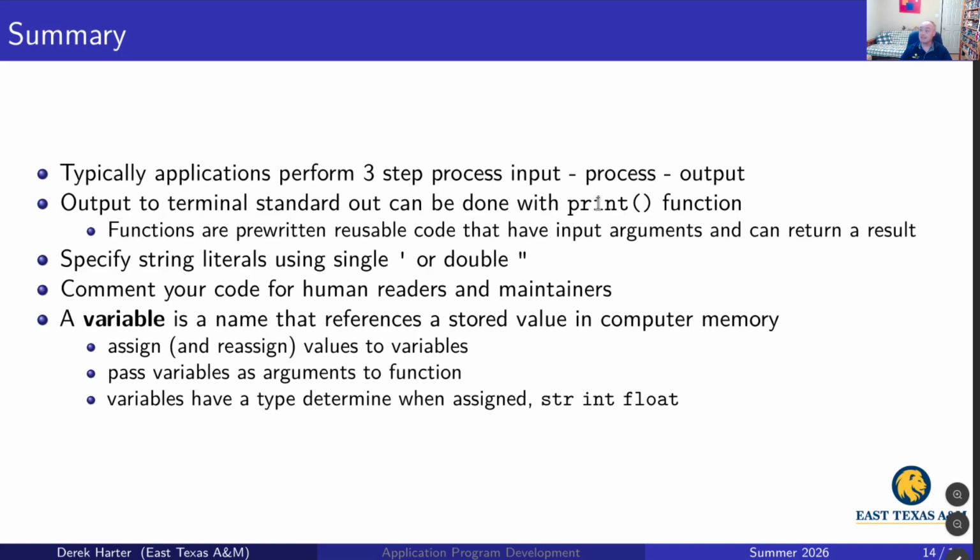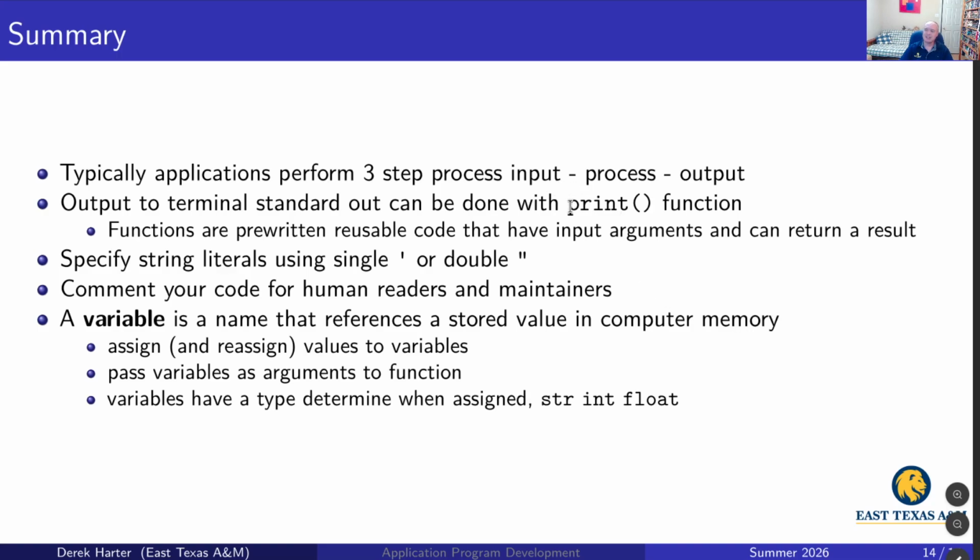So the basic way to get output to the terminal, standard output, can be done with the print function that's a part of the Python base language. We'll talk a lot more about functions in this class, but functions are basically pre-written reusable code, although you can also write your own functions, as we'll later find out, that have input arguments and can return a result.